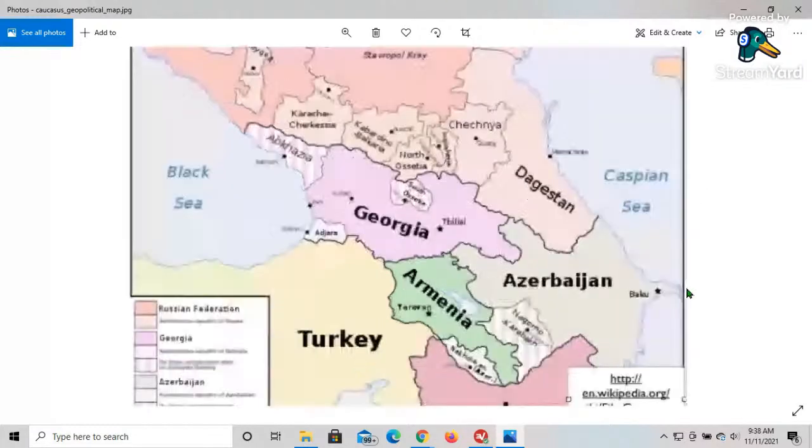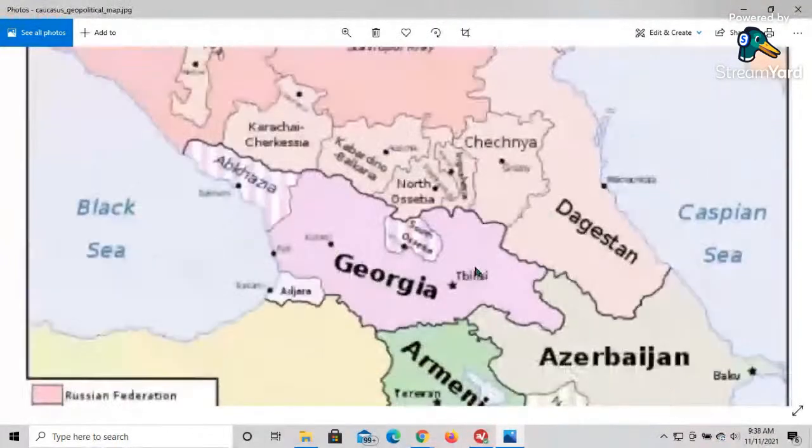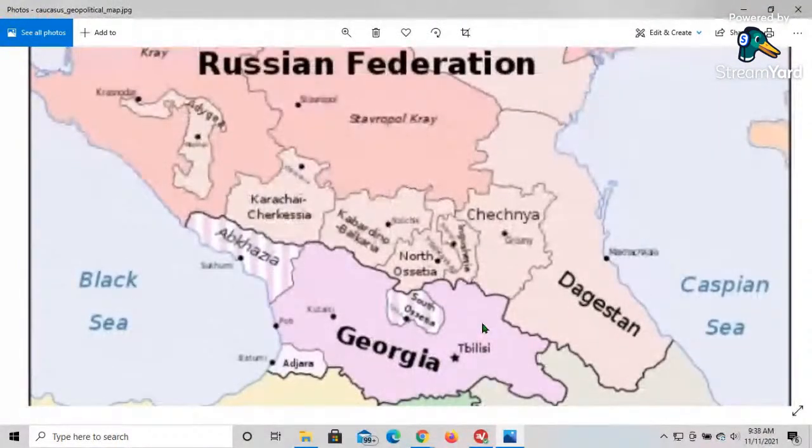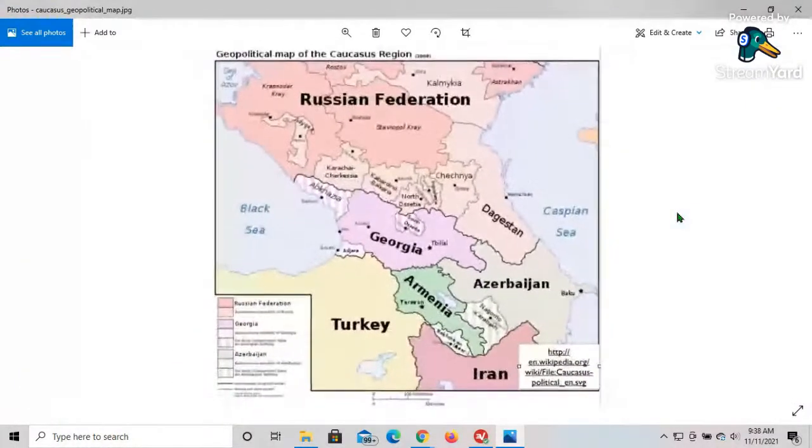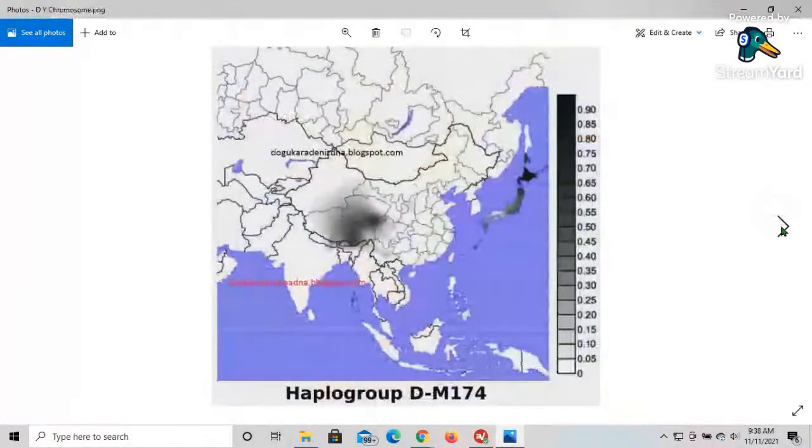So it's a very important pass in human history because this is all mountains, but there is a pass through there. And it seemed like every time an ancient civilization became strong and then became weak, they ran for the mountains.